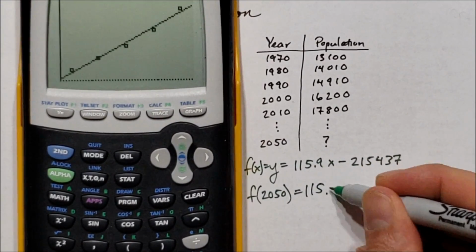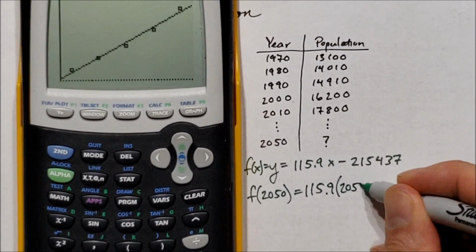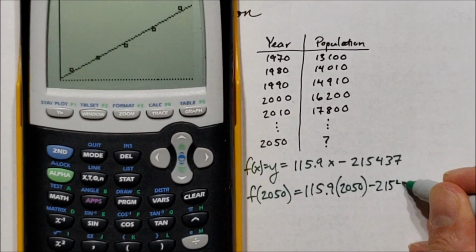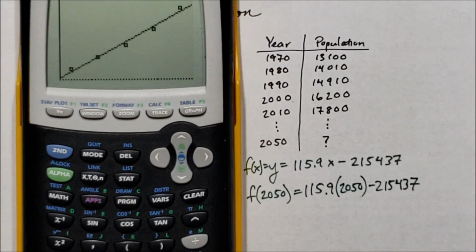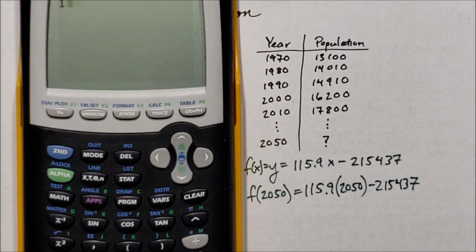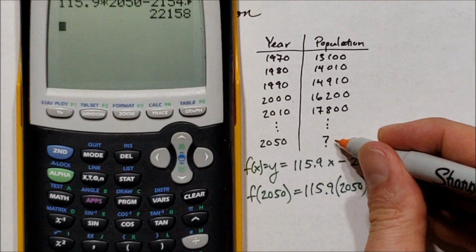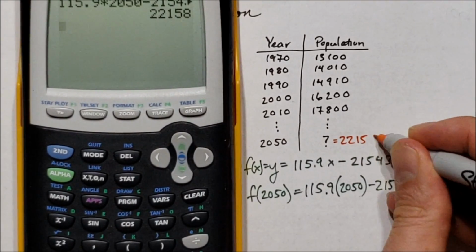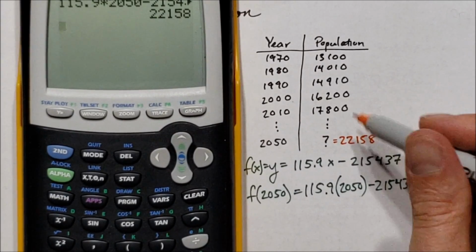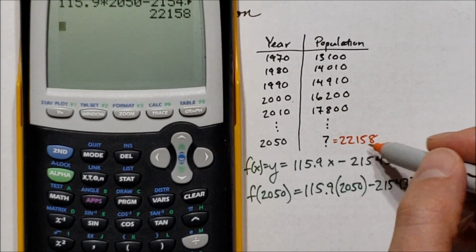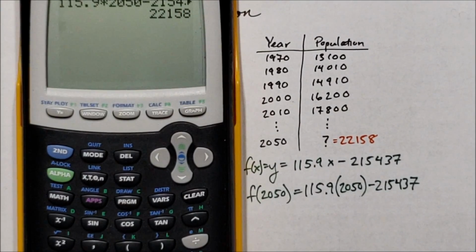Well, we're going to plug in 2050 and see what we might come up with. So this is 115.9 times 2050 minus our large negative population, and we'll have an estimate of 22,158. Now, this is a plausible number. We see that it continues to increase, and it would likely increase in the future.